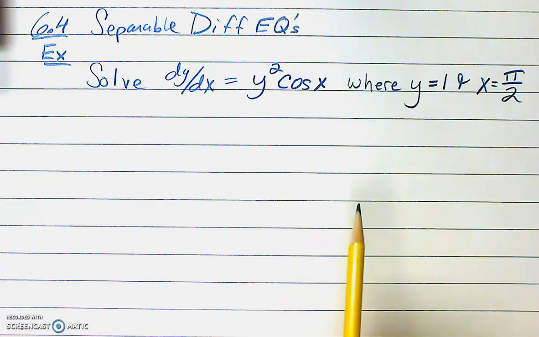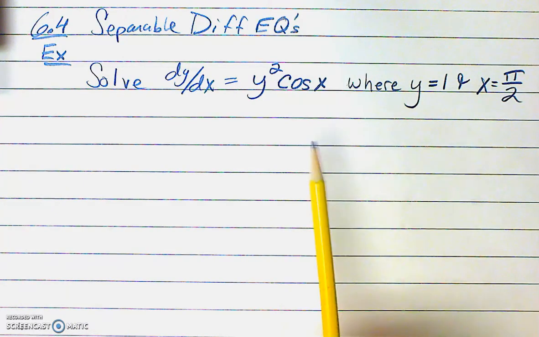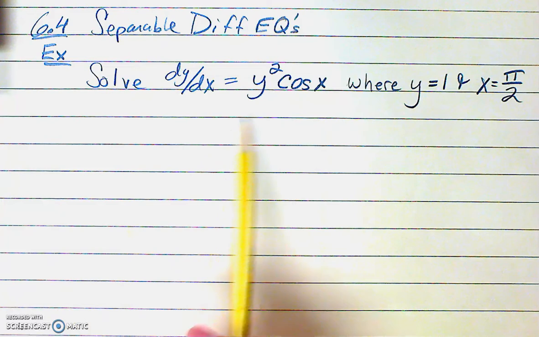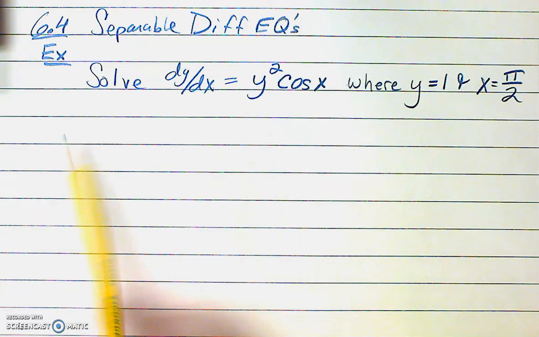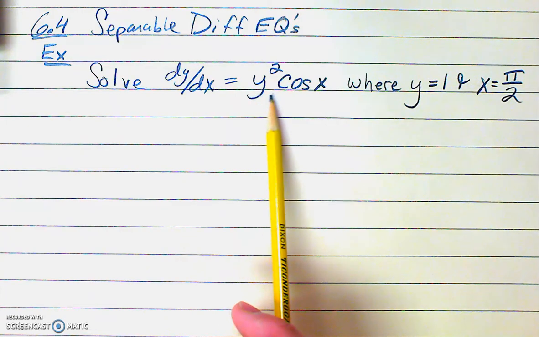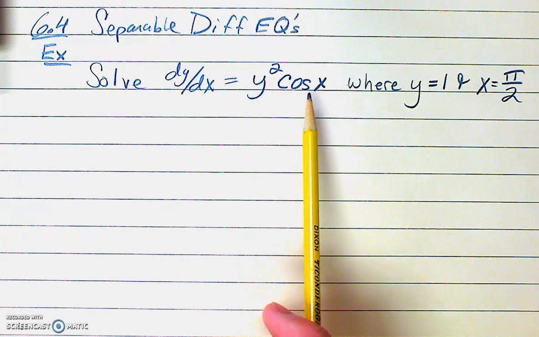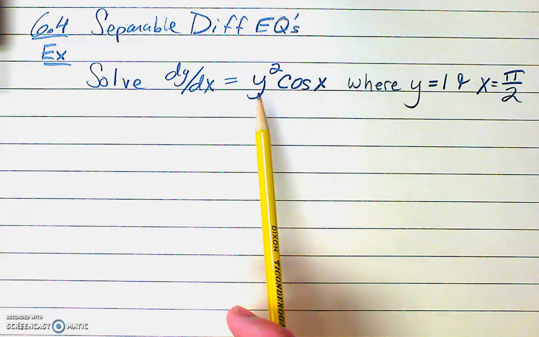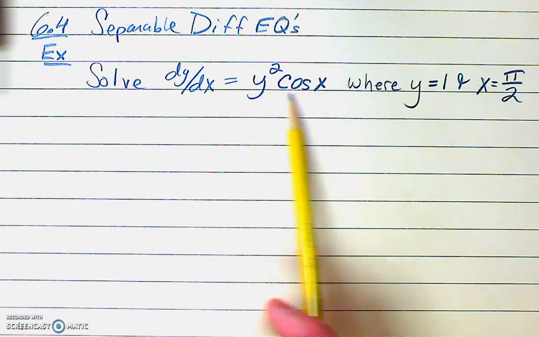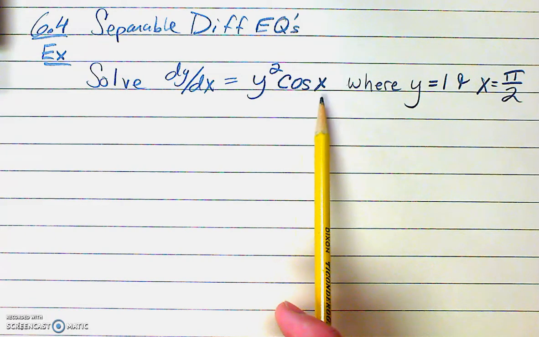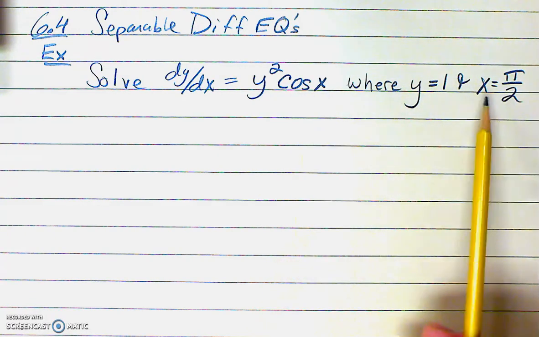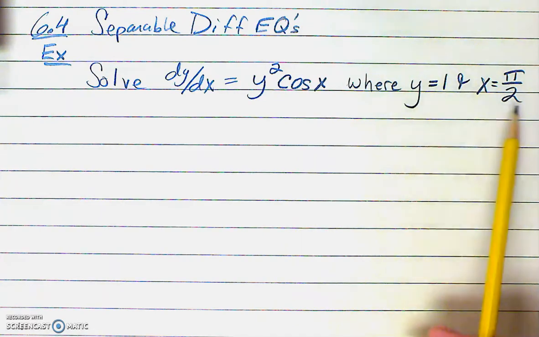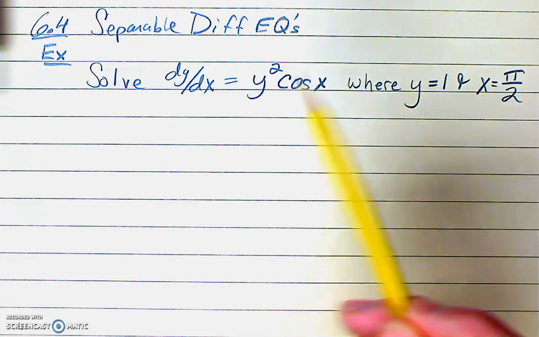This is what we call a separable differential equation. It's not a whole lot different than the one we just did. However, now we have a y term, or a y portion of this term, that we need to separate from the x portion of this term. So again, we have our initial values here that tell us what we're going to substitute in to find c.